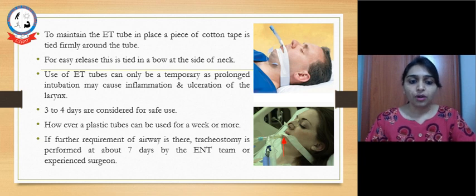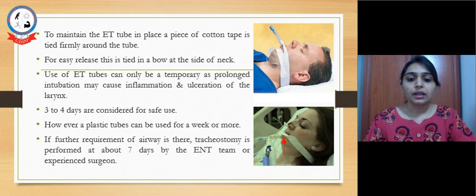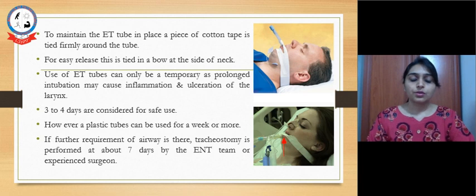To avoid that, after a week or so, that is by 7 days, we need to take a final decision whether the patient requires tracheostomy or not. If the patient requires tracheostomy, then an ENT team or experienced surgeon will perform the tracheostomy. So if there is further requirement of an airway, then tracheostomy is performed at about 7 days.